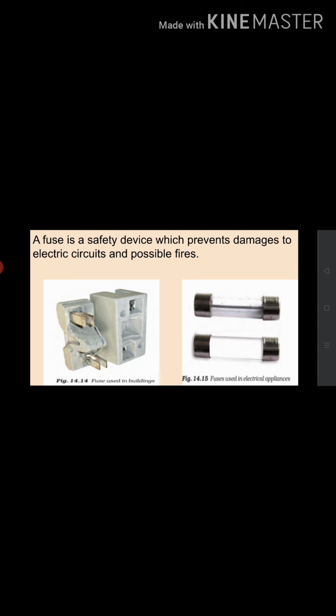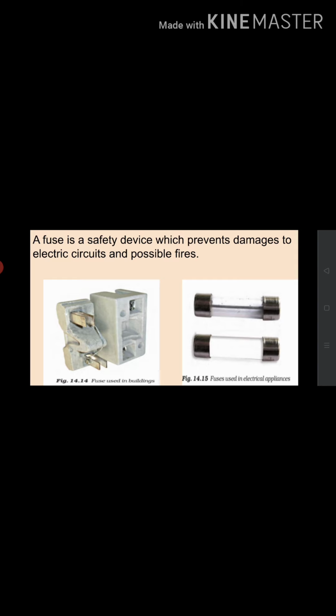In all buildings, fuses are inserted in all electrical circuits. There is a maximum limit on the current which can safely flow through a circuit. If by accident the current exceeds this safe limit, the wires may become overheated and may cause fire.